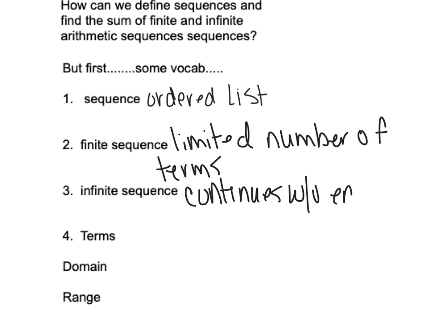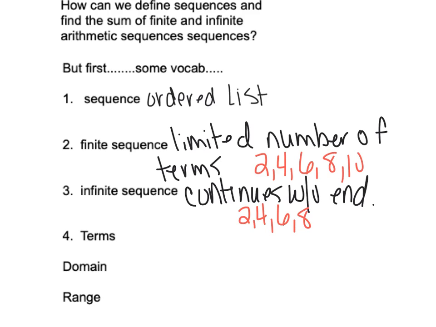If we are looking at a finite sequence, that would be something like 2, 4, 6, 8, 10, and it stops. Okay, we're only talking about the first 5 terms. If we're talking about an infinite sequence, that means it would be like 2, 4, 6, 8, and it would have these dots at the end indicating that it goes on and on and on.